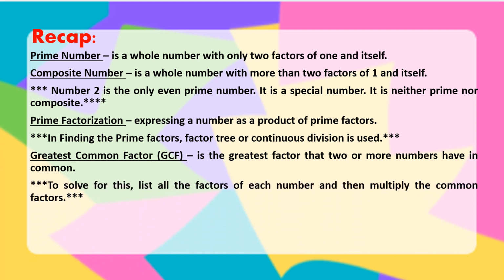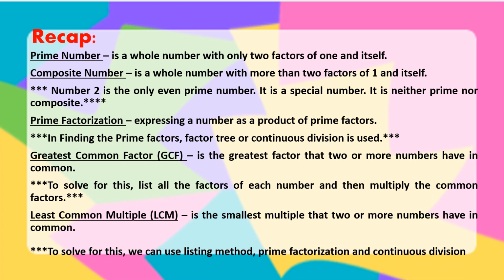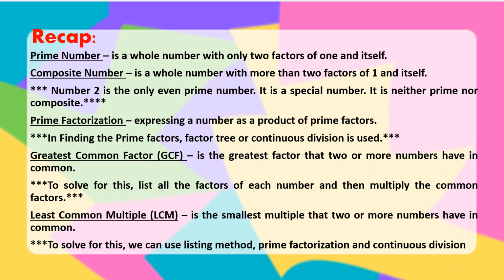To solve for this, first we list all the factors of each number and then multiply the common factors. While in LCM or least common multiple, it is the smallest multiple that two or more numbers have in common. And to solve for this, we can use the listing method, prime factorization, and the continuous division.